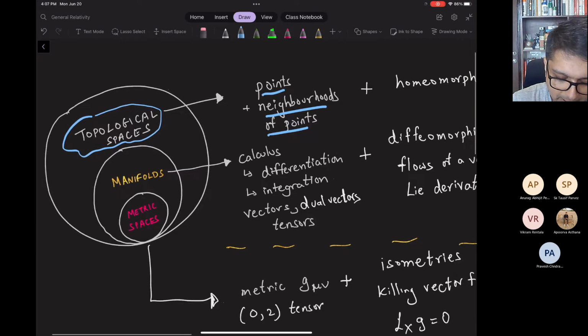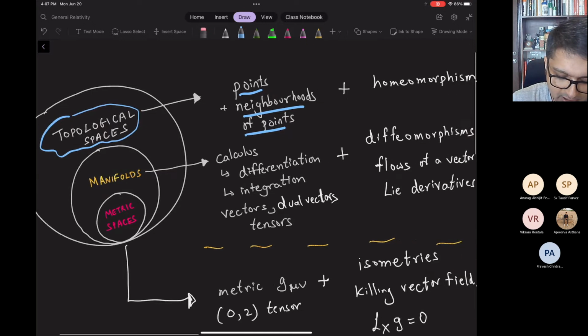And we also had mappings between topological spaces, and we said that two topological spaces can be homeomorphic if there are invertible maps between them. And these maps are based on the notion of continuity, so they take open sets to open sets.